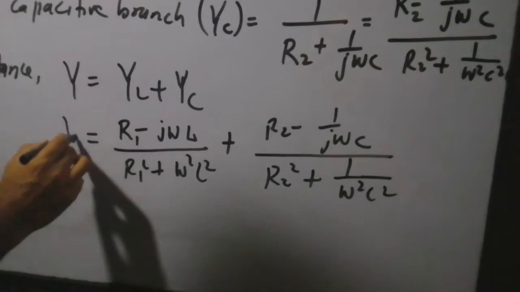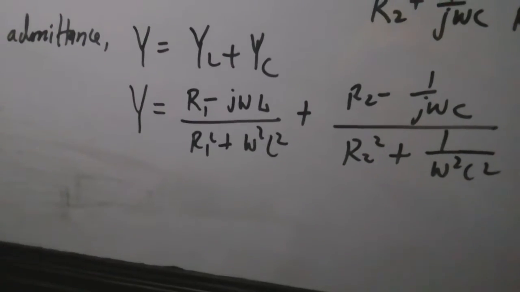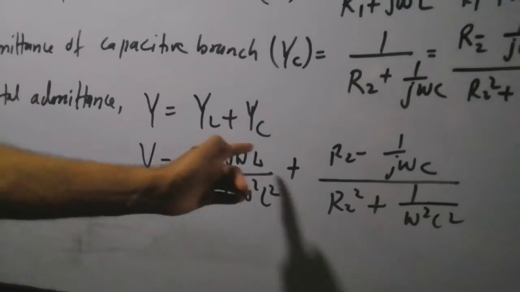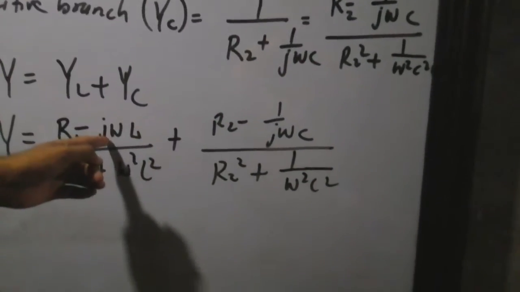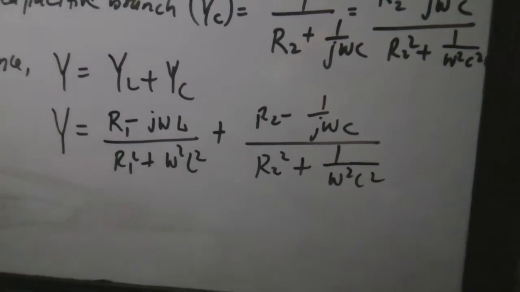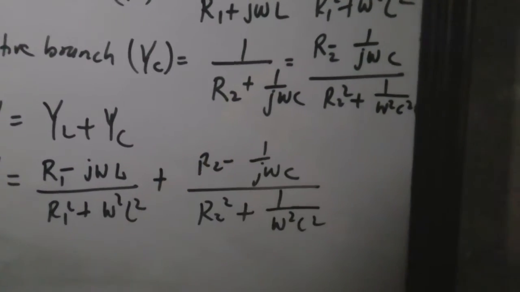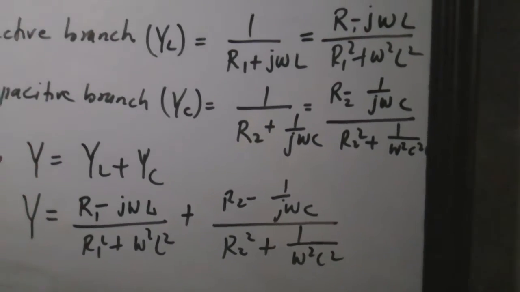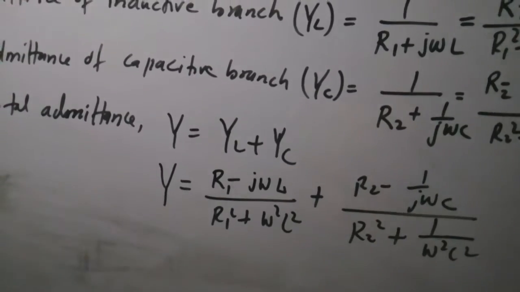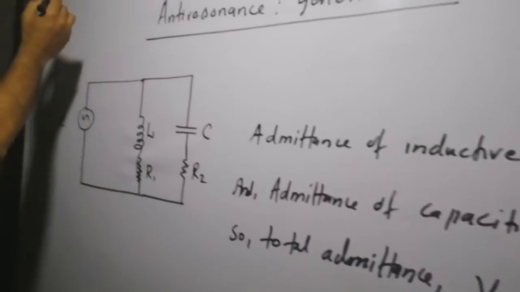This admittance consists of real as well as imaginary parts. As you know, the R1 and R2 terms are real, but j omega L and minus 1 by j omega C are both imaginary parts. So we'll write them separately, separating the real and imaginary parts, and so there will be less space. Let me write here.